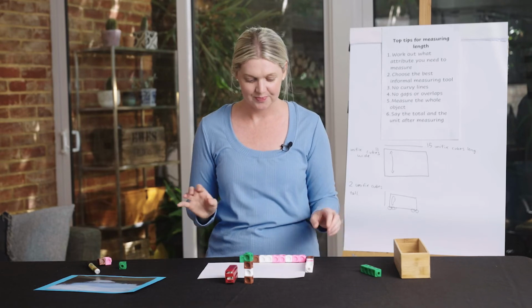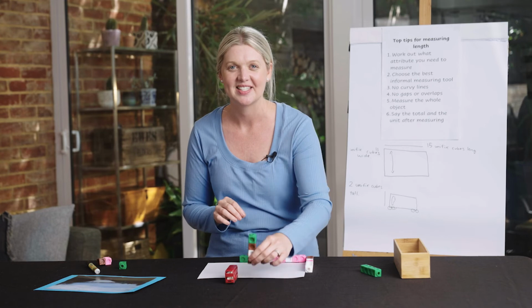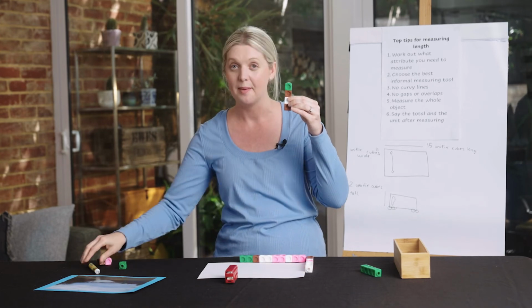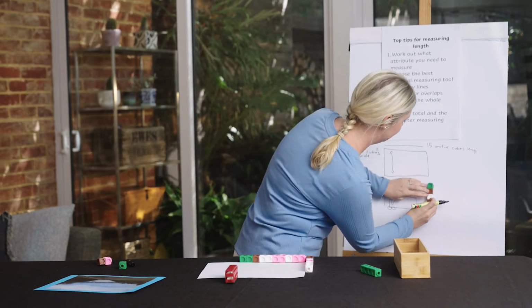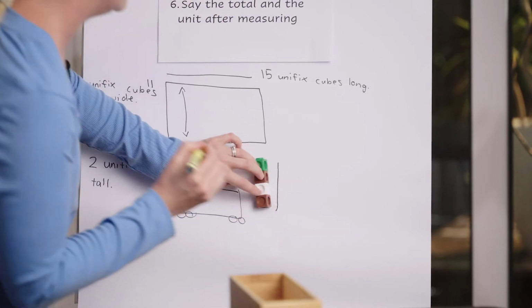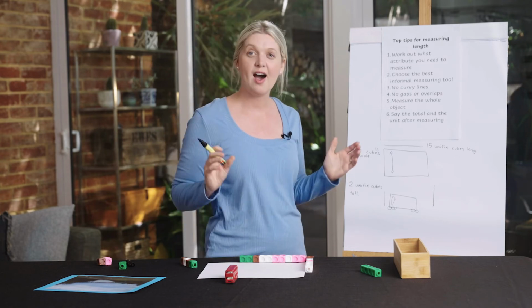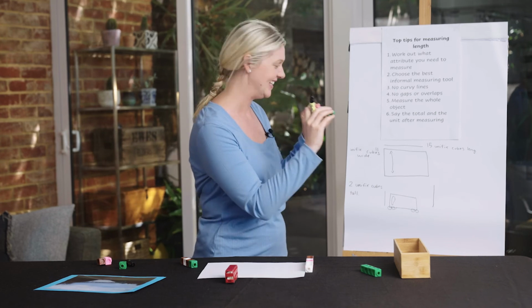Let's draw it. I'm going to use my Unifix cubes to help me. So this is how tall my bridge will be. I'm going to place it here and draw. That is one side of my bridge. Now, how long will my bridge be? Let's use these.